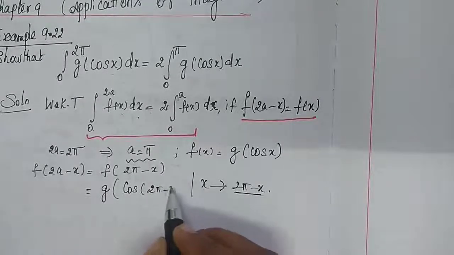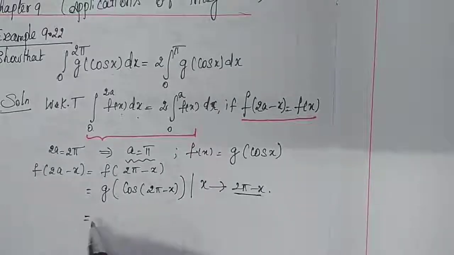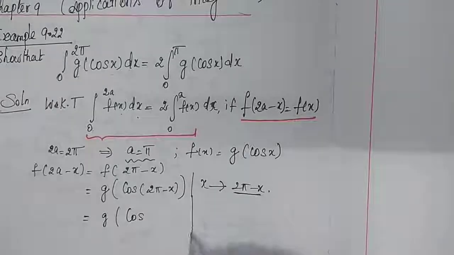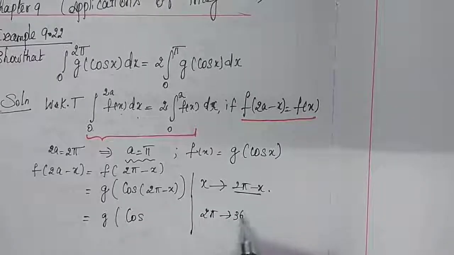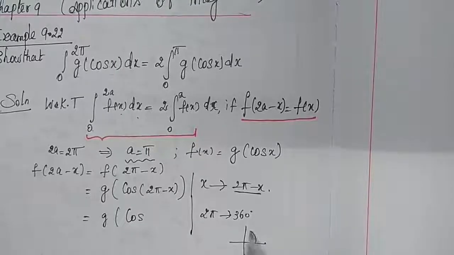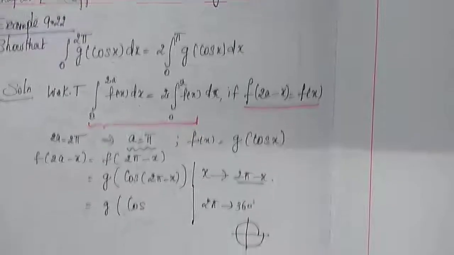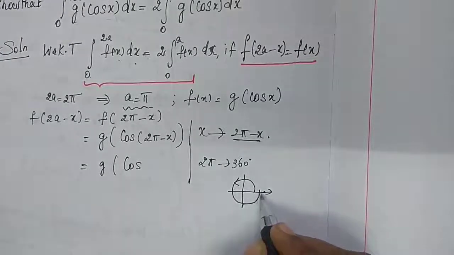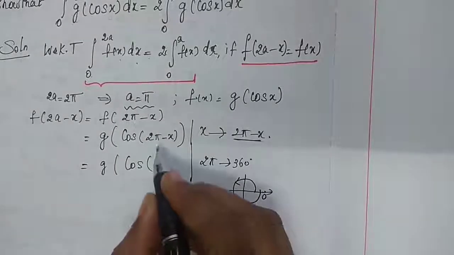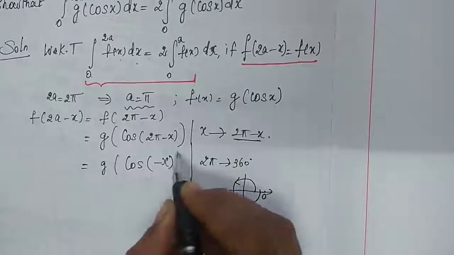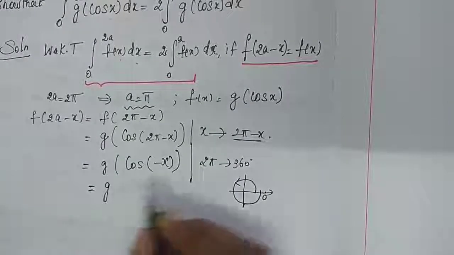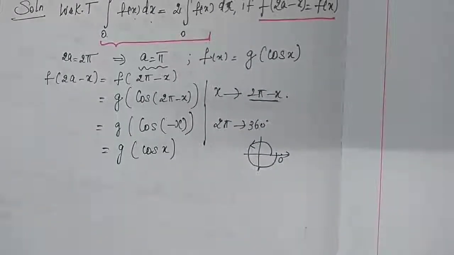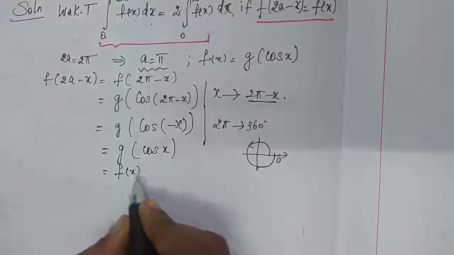Now 2π is 360 degrees, which coincides with 0 degrees. Therefore, it is not necessary to write 2π, just write minus x. We know cos of minus x is cos x, so we get g of cos x, which is equal to f of x.